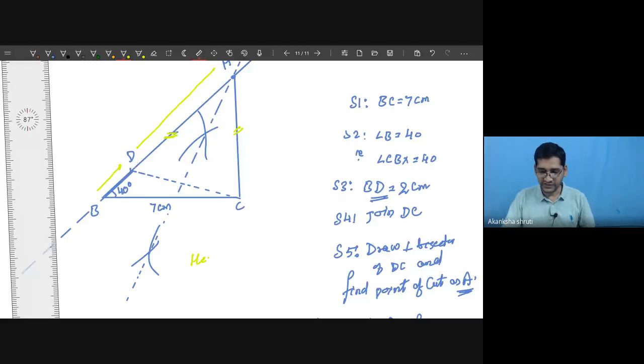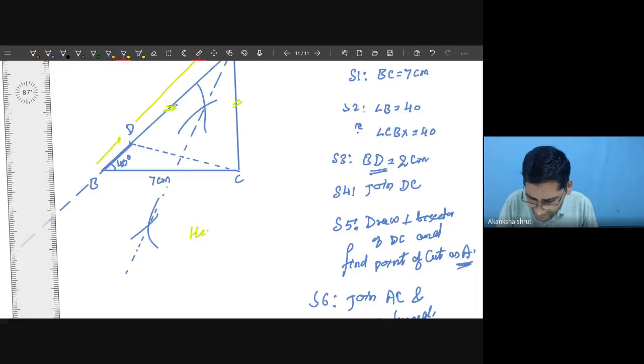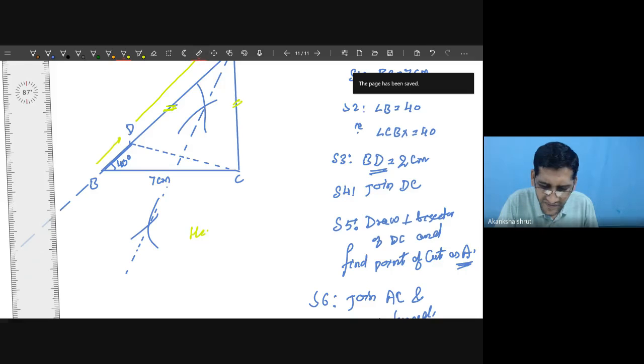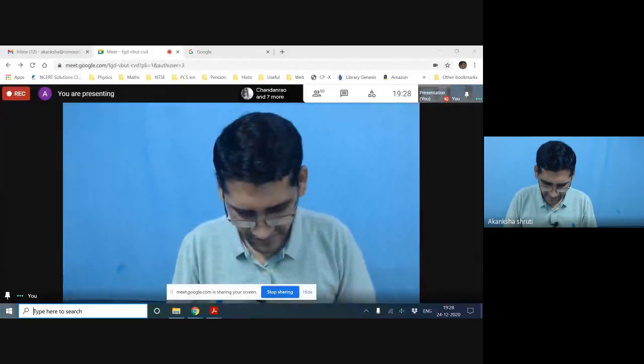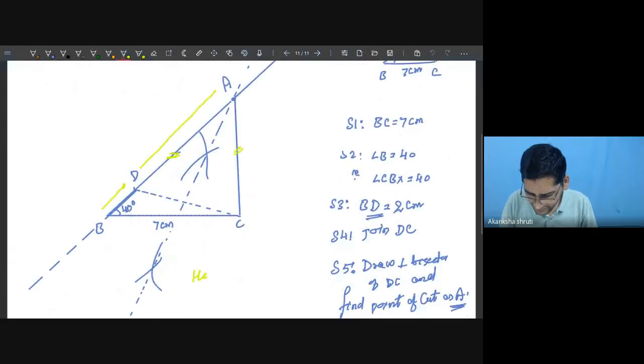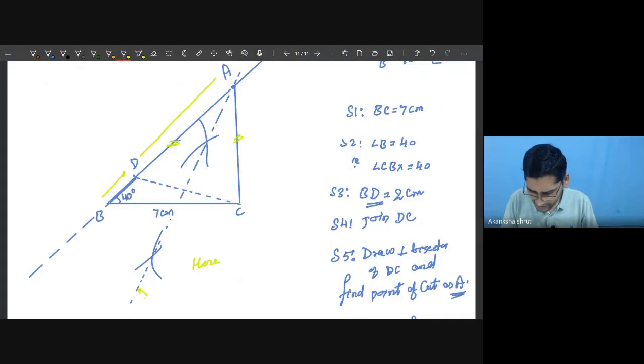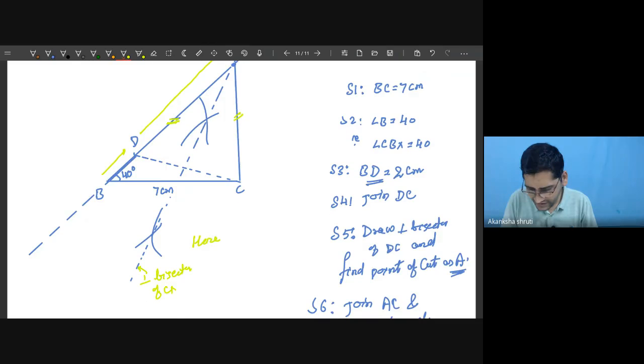This is the perpendicular bisector. So here, students, this is the perpendicular bisector of CD.